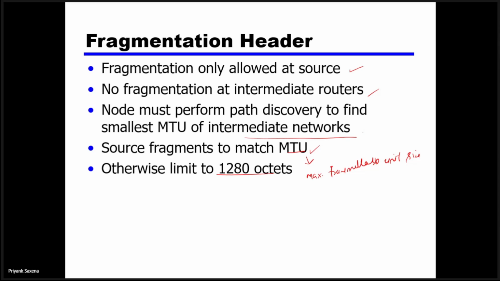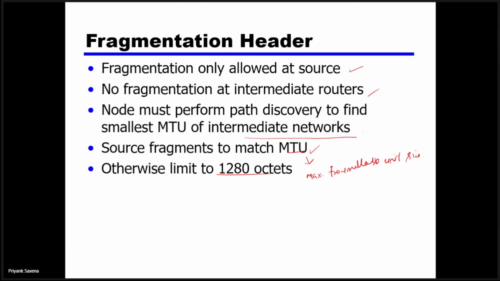So how does the source fragment the packet? How does it know what networks are involved during its transit from this station to the destination station? It simply sends some frames, right? As I said, the route recording is done.